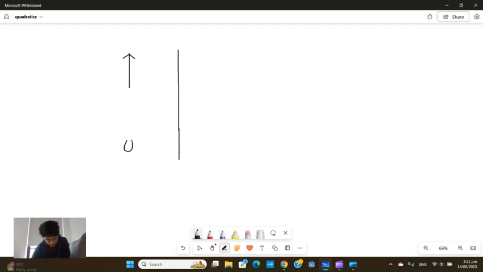So what if we have a larger object? If we have an arrow, we can easily show this. So say we have our mirror and we have an eye.